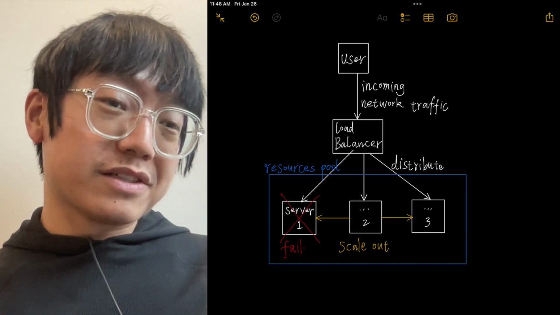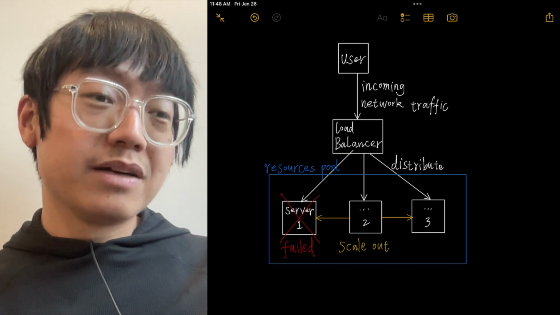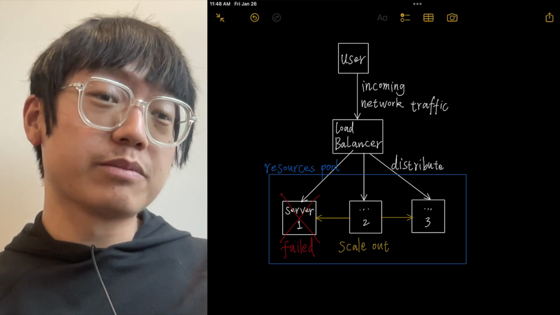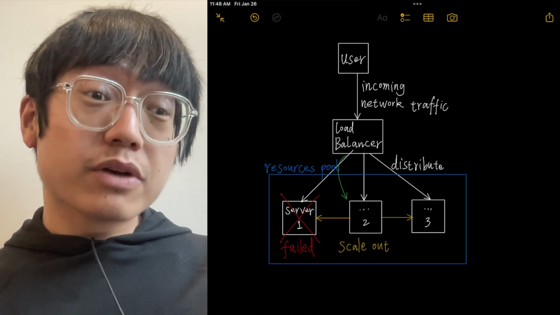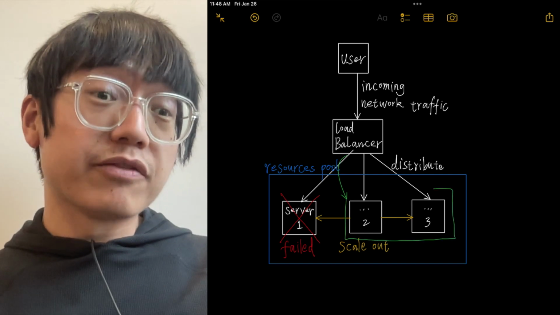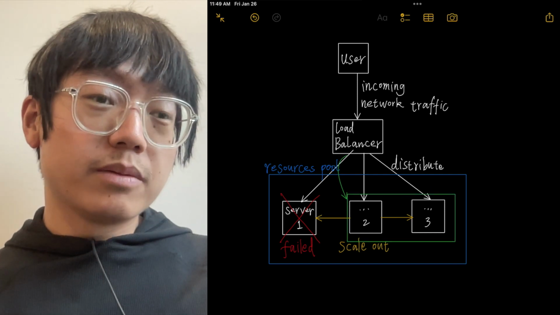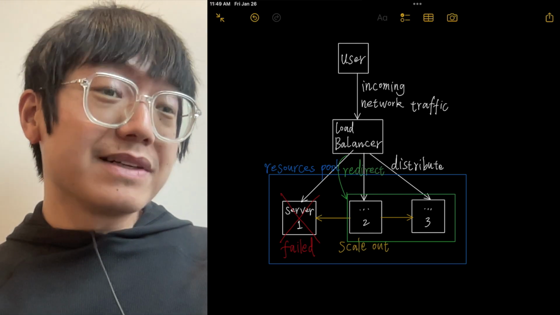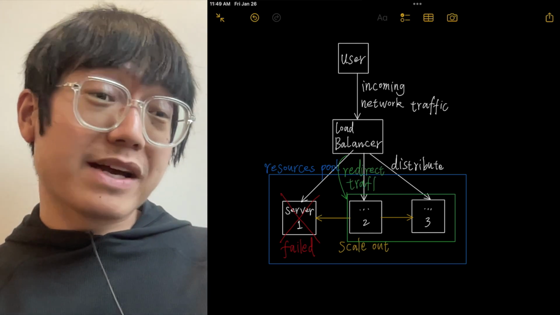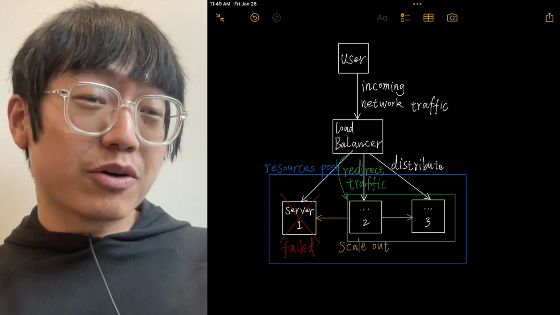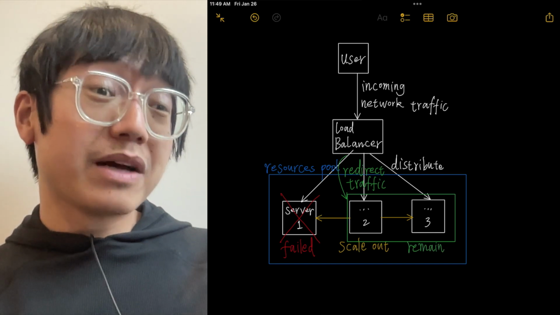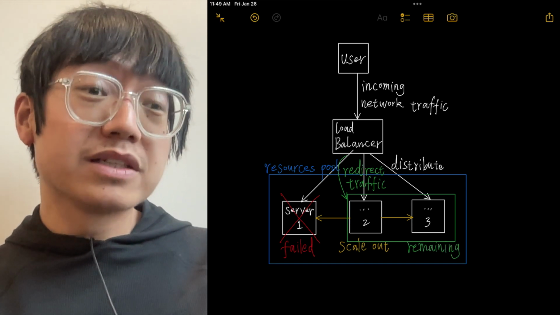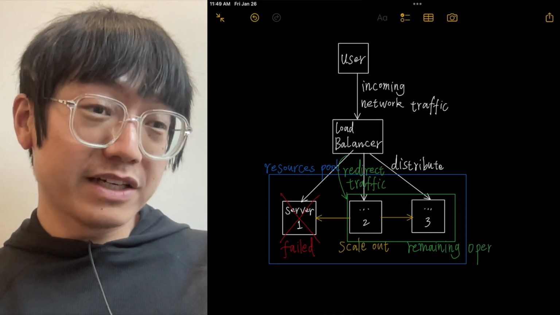The load balancer addresses these problems by distributing traffic across multiple servers, so it not only manages the load more effectively, but also provides redundancy. If one server fails, the load balancer can redirect traffic to the remaining operational servers, thereby maintaining the availability of the website or applications.